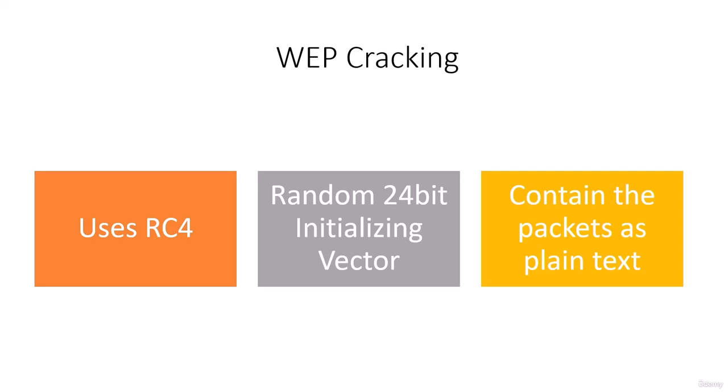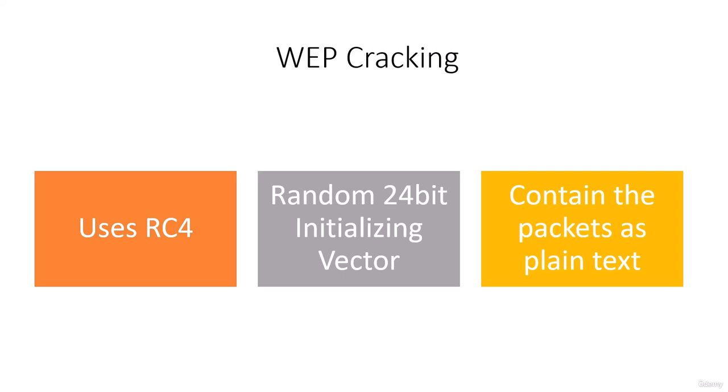Same way, when the client sends a packet, it encrypts it and sends it into the air, and the access point then receives it. The access point has the key, so it will decrypt the packet.